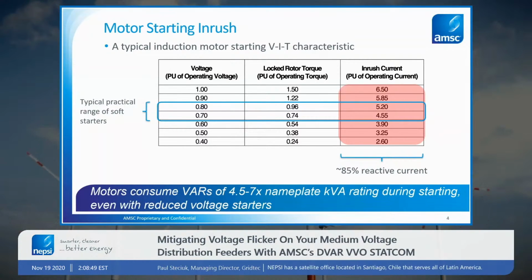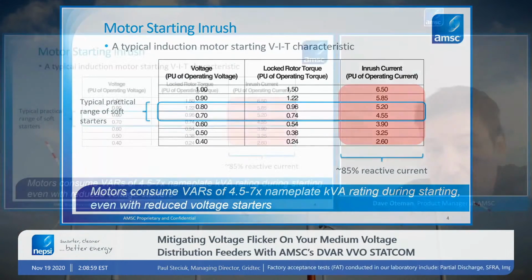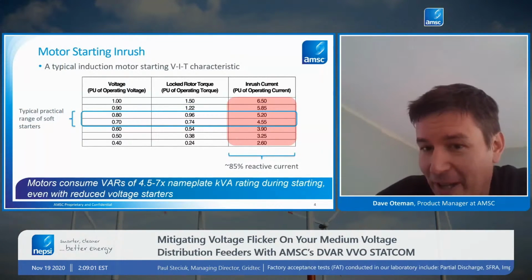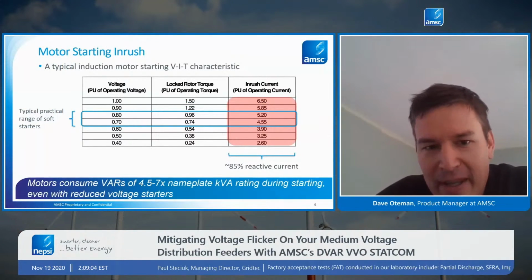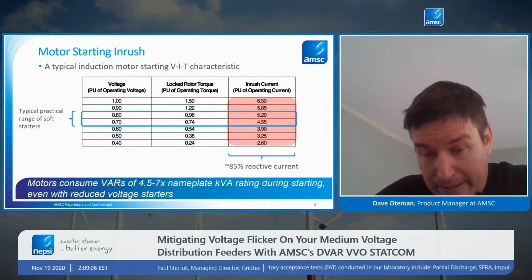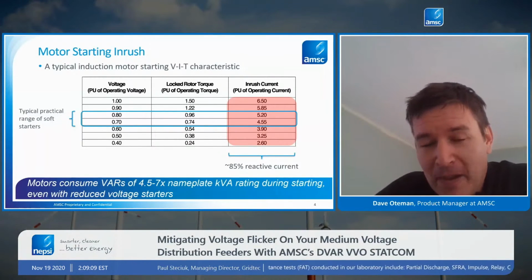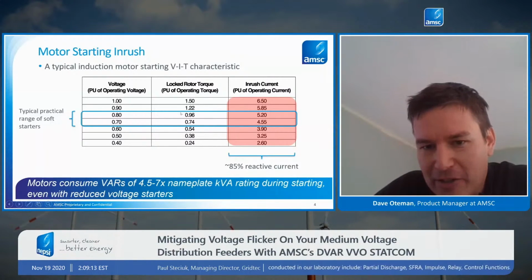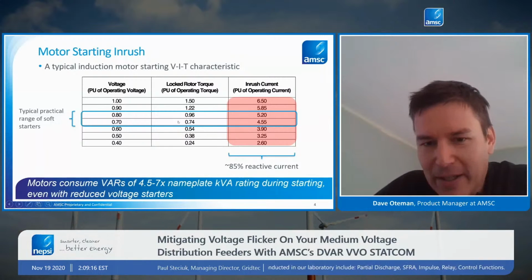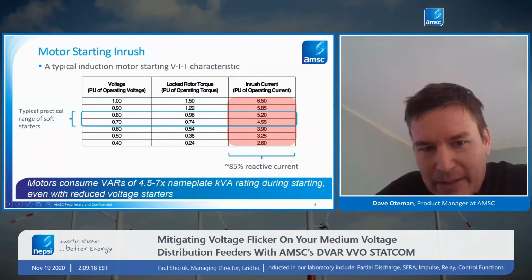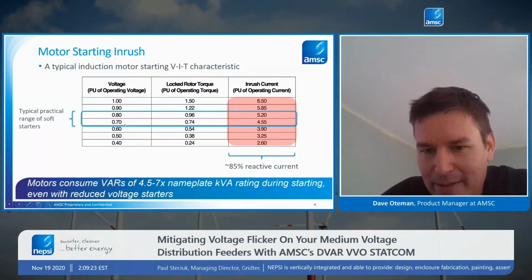So another important takeaway is that reducing the voltage on an induction machine only reduces the inrush current proportionally, which, because there is such a large inrush current profile in the first place, is just not a very significant reduction. The key issue here is that the starting torque has to be maintained on the machine, and that's what limits the ability to reduce the voltage of an induction machine in practice.